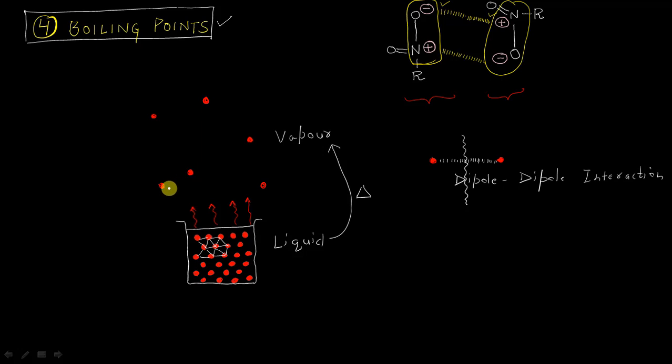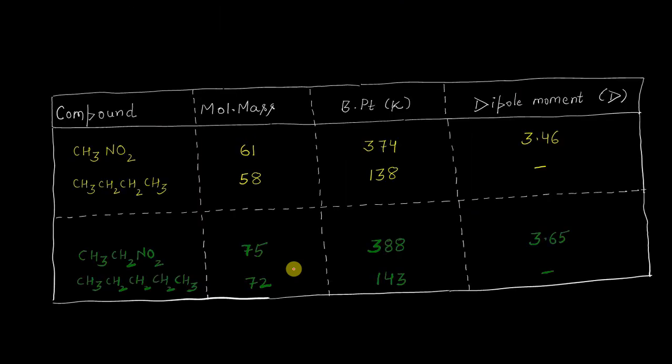And as they are far apart from each other, it is now not in the liquid form but is present in the vapor form here. So now we can say, in order to break these strong attractive forces here, a lot of energy is required. And that is very clear from this table here.